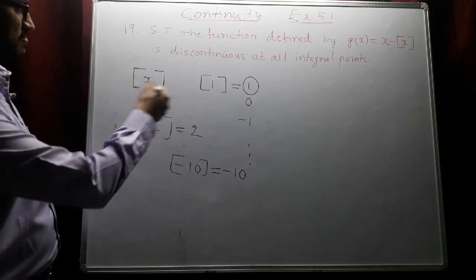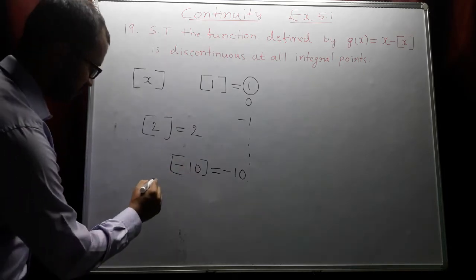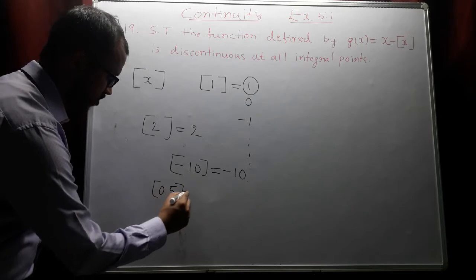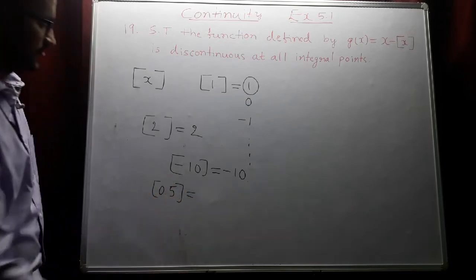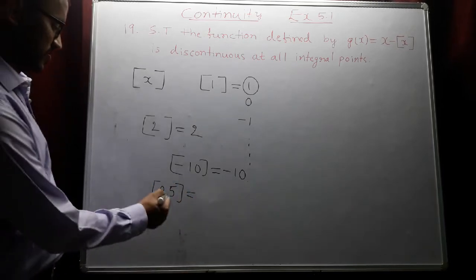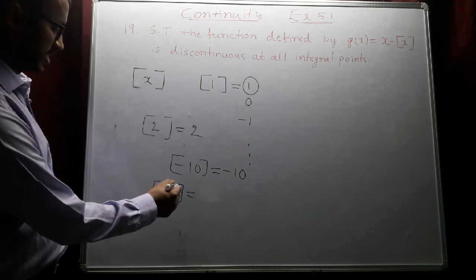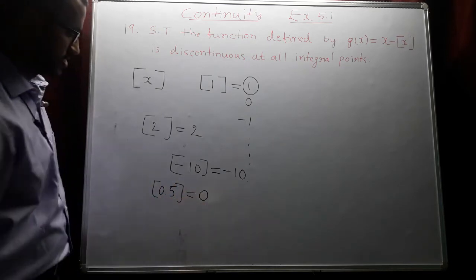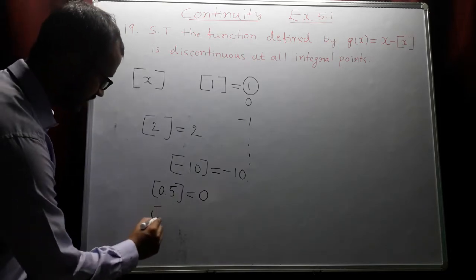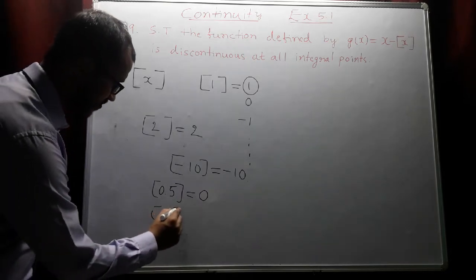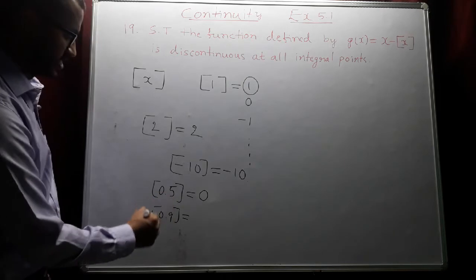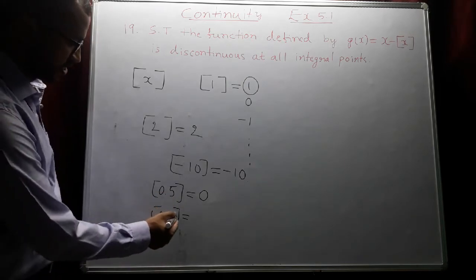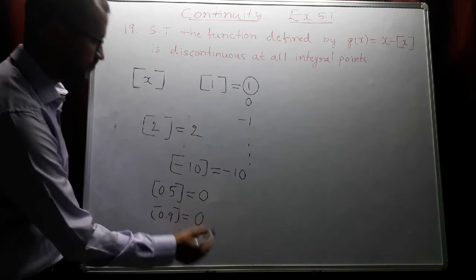But if you take some real numbers, suppose you take 0.5, obviously 0.5 is not an integer. So what happens? The greatest integer less than 0.5 is 0. Similarly, if you take 0.9, the greatest integer that is less than 0.9 is 0.